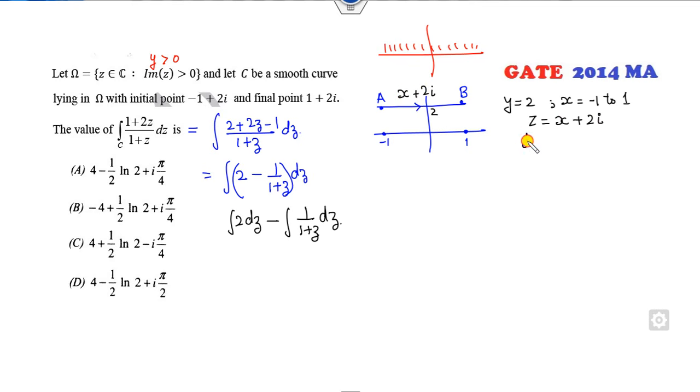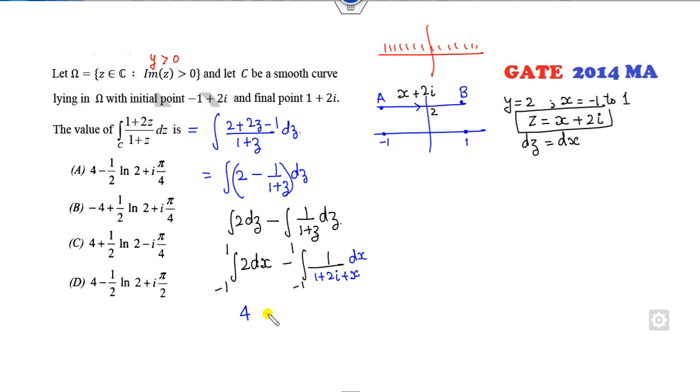So I can simply change the integration: 2 dx, with the limit of x from minus 1 to plus 1. If I substitute z here, it becomes the integral of 2 dx over (x minus 1 plus 2i).